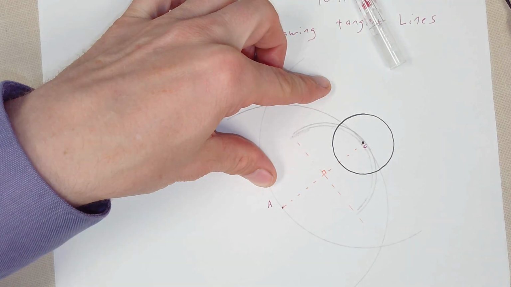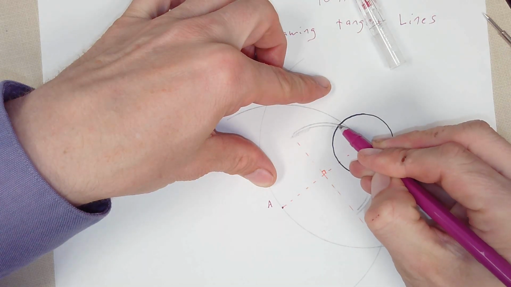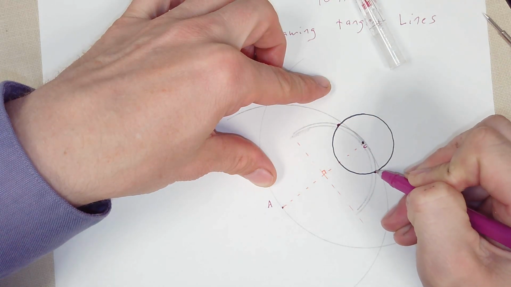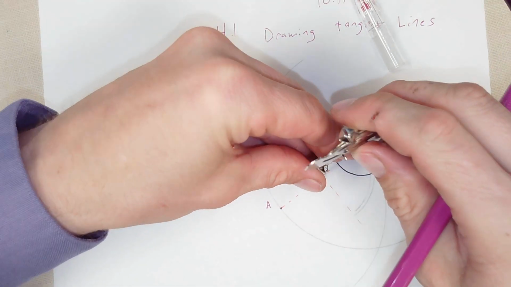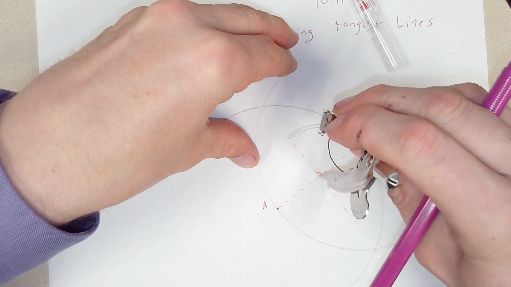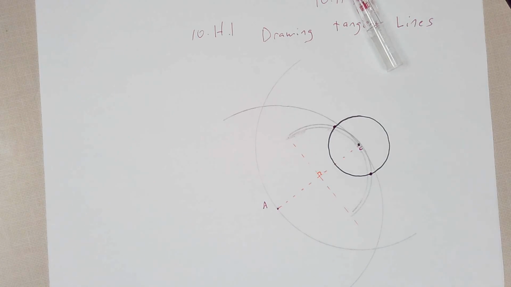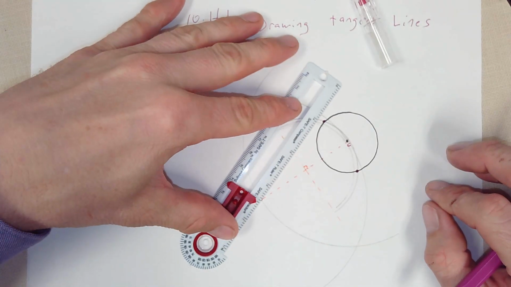It's this one. Mine is this one right here, and mark these marks. These marks here. Okay, double check that just because. Yep, and yep. Okay, those marks are going to be the points at which my lines intersect.